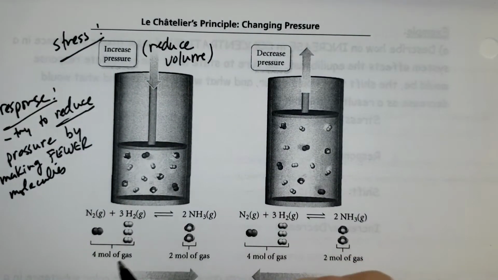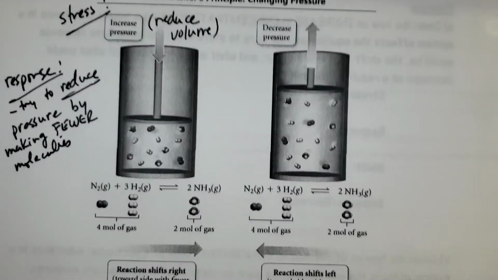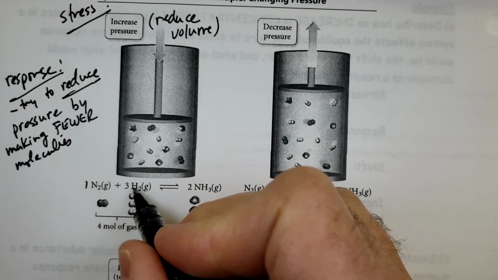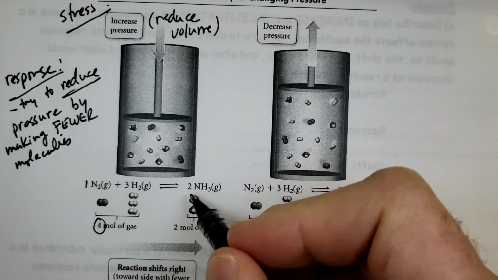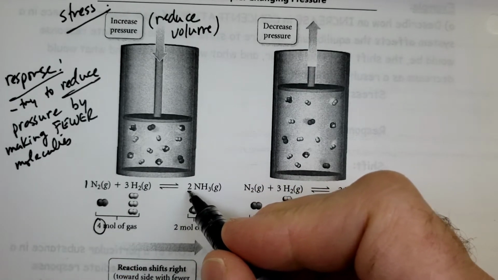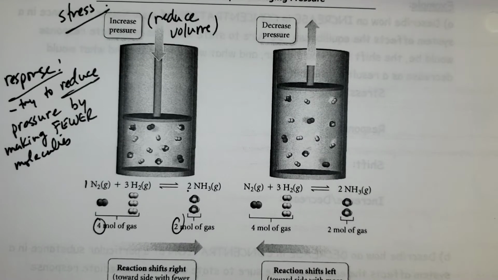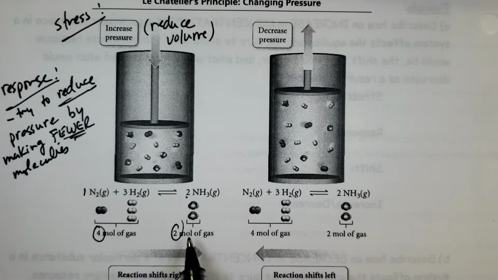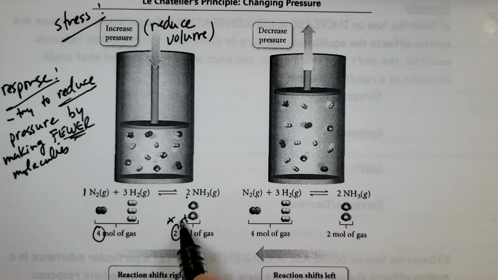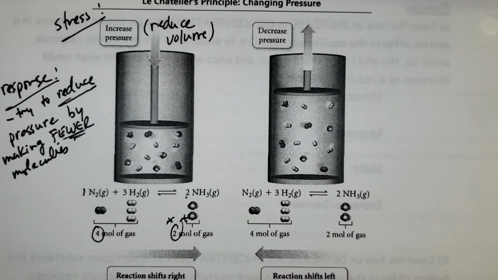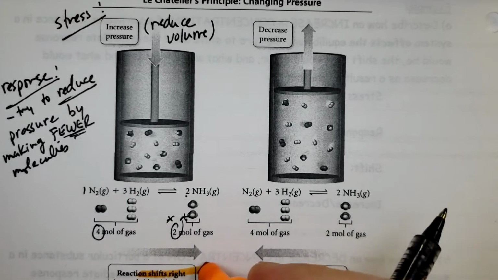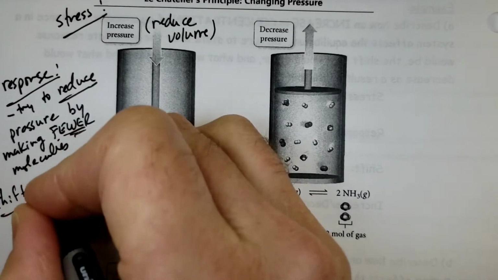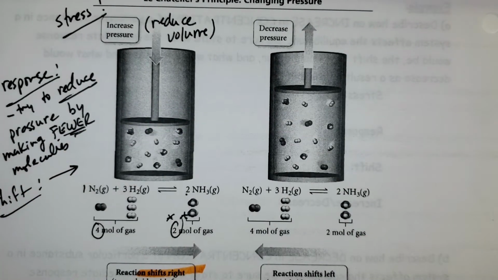So if we take a look here, with the ammonia equation, 1 nitrogen gas molecule plus 3 hydrogen gas molecules is a total of 4. That's in equilibrium with 2 molecules of gas. So to see which side would favor fewer molecules, 4 versus 2, 2 is fewer molecules. So this would shift to the right, because that side favors fewer molecules.